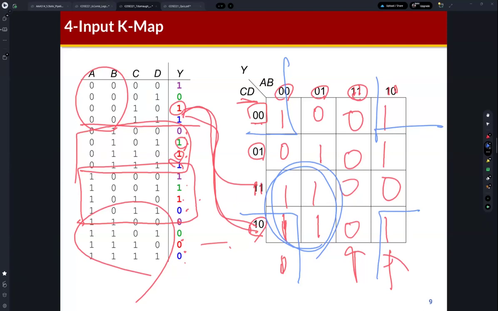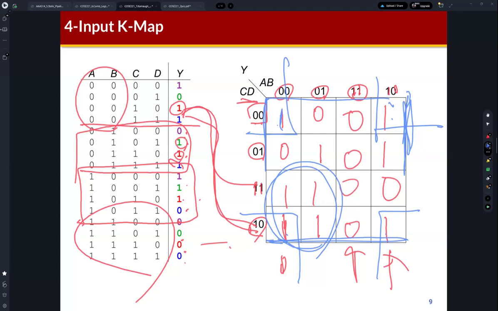So I mentioned this edge is connected to this edge. Also, for the CD, this edge is connected to this edge. It means you can find the 1, 1, 1, 1 here.